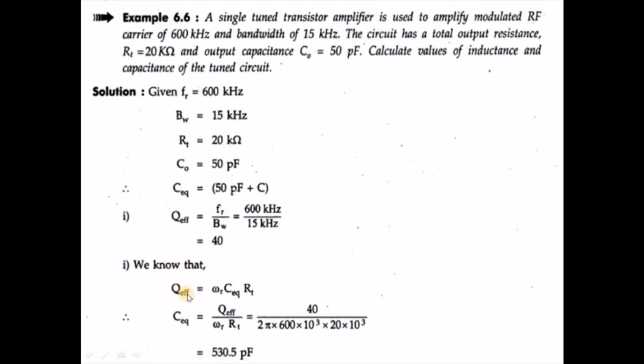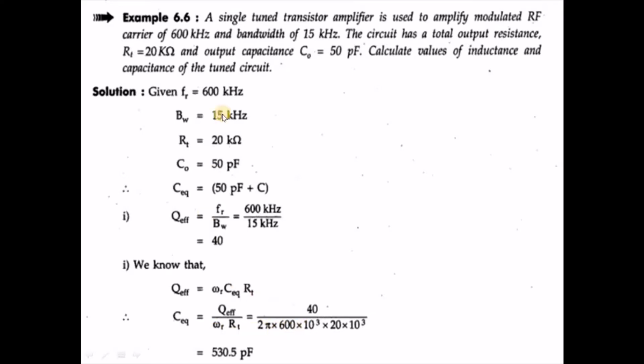Then by using the Q effective equation, omega R times C equivalent times RT, we will calculate the C equivalent value. Therefore, if you rearrange this equation, C equivalent is equal to Q effective divided by omega R into RT. Q effective, just now found as 40, divided by omega R, which can be written as 2 pi FR.